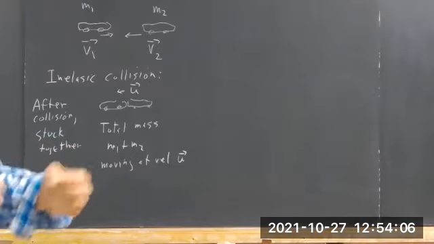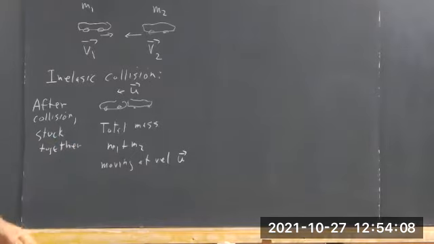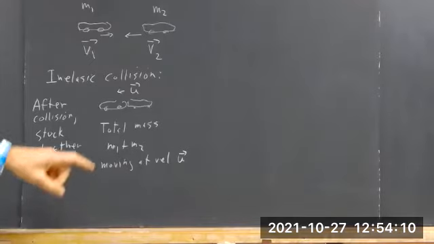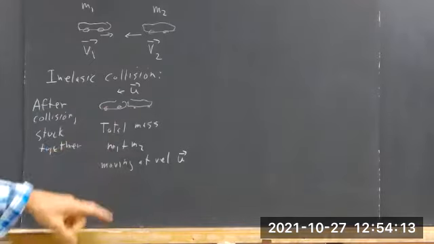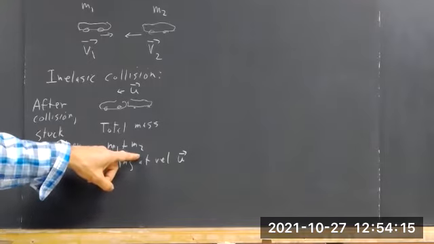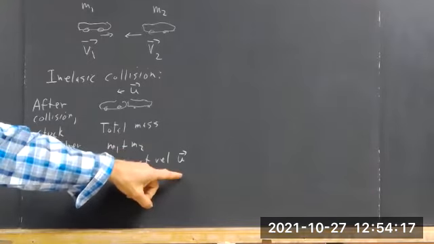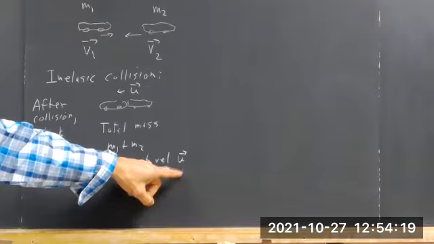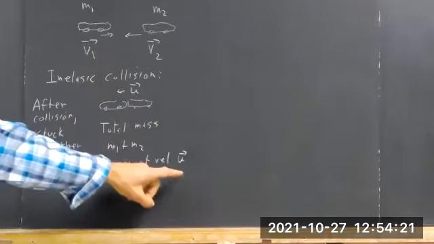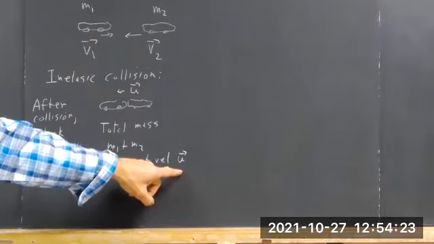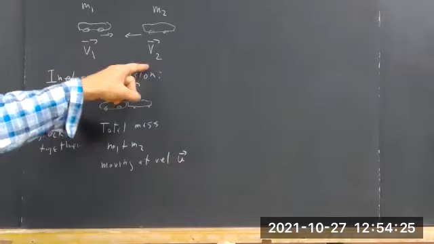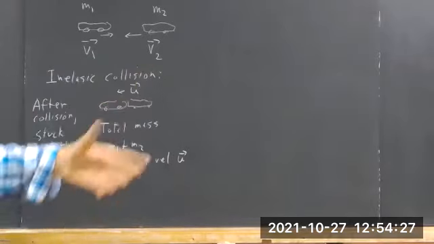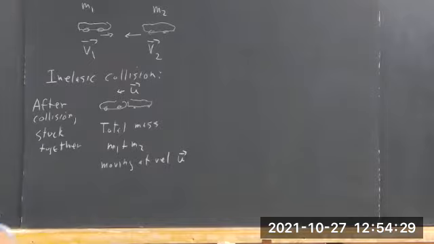Usually they'll bounce off each other to an extent, but it depends on the collision. If they are stuck together, total mass is going to be the sum of the two masses, and you got some velocity u after collision. If you know these two velocities, you calculate this one. Or if you know this one and this one, you can calculate this one. And the equations are easy enough to solve.